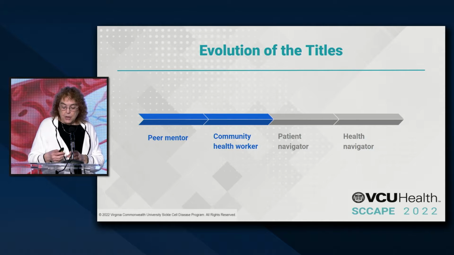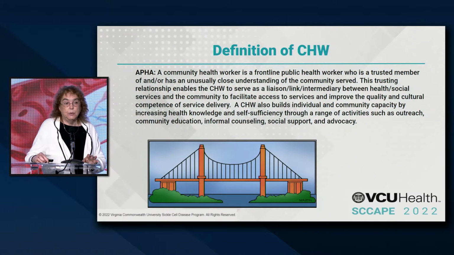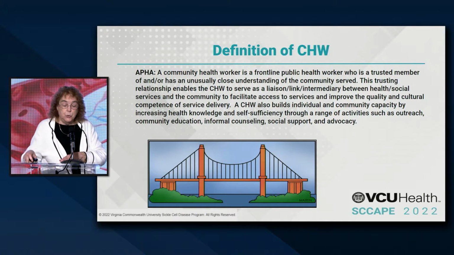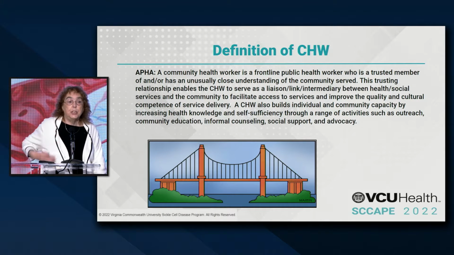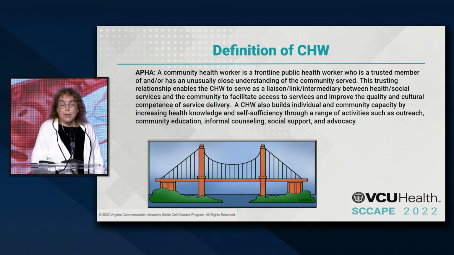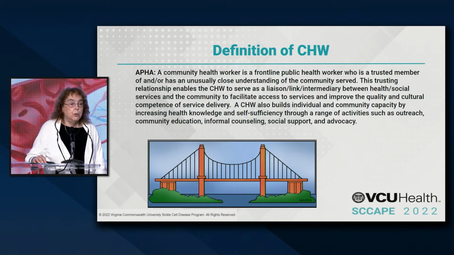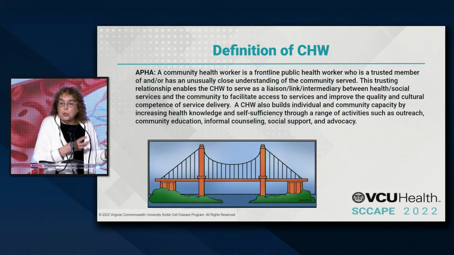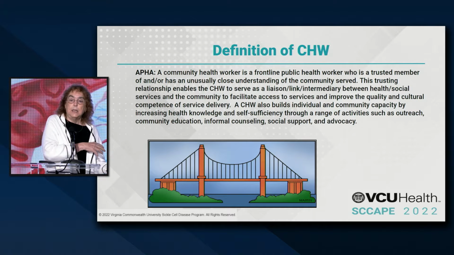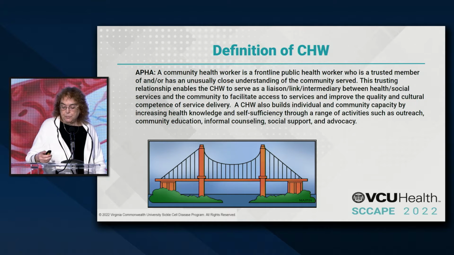So as you can tell, there's a lot of different titles flying around, and it can really confuse people. The definition, I had this slide yesterday. It's the one that is used by the Public Health Association, and it's long. I'm not going to read it, but you could read it for yourselves. But it really has to do with the community health worker being that linkage person, the person who has their feet in the community, but they can link to that healthcare system.